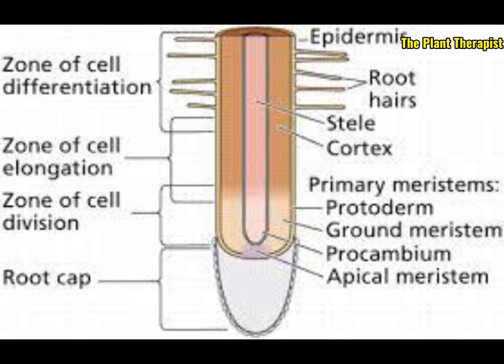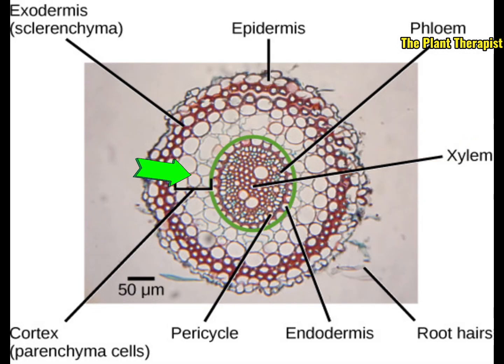to 3 weeks. The cells of the cortex, a tissue composed of parenchymal cells lying between the epidermis and inner tissue, mostly store food. This tissue, which may be many cells thick, is similar to the cortex of a stem, except for the presence of an endodermis at its inner boundary.